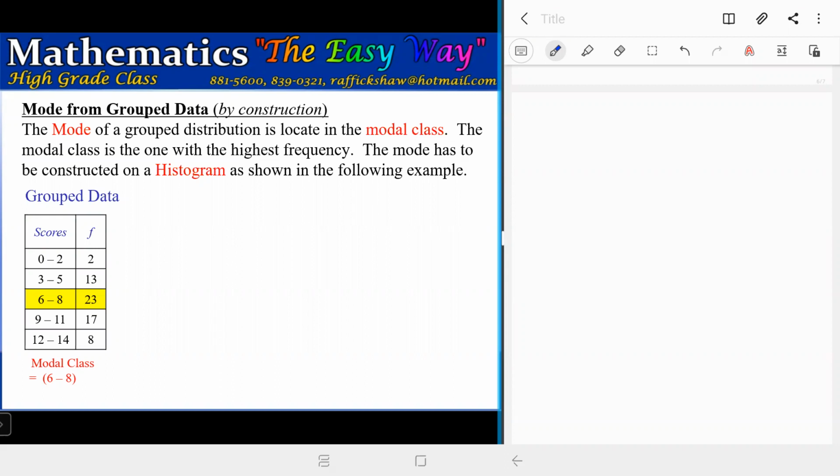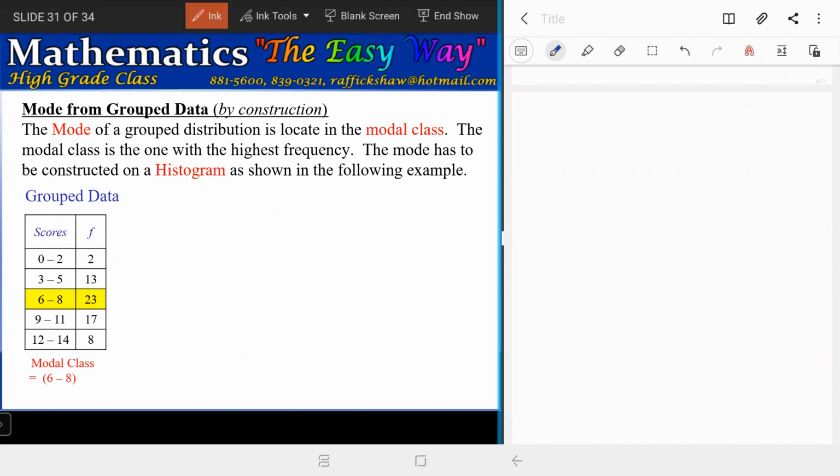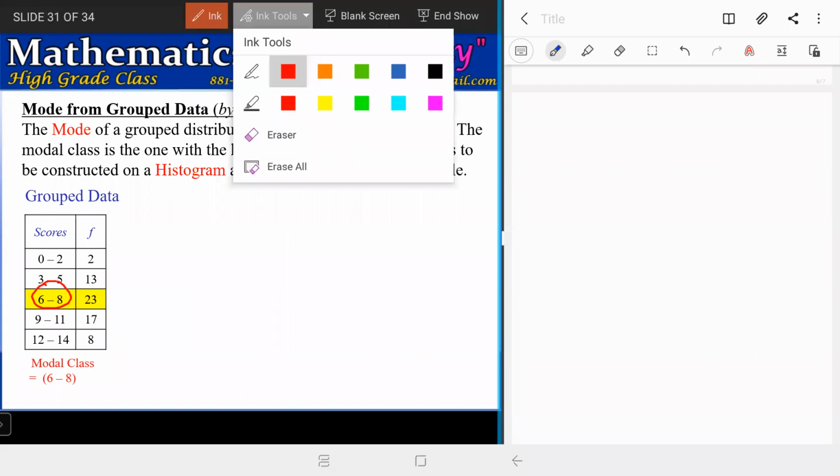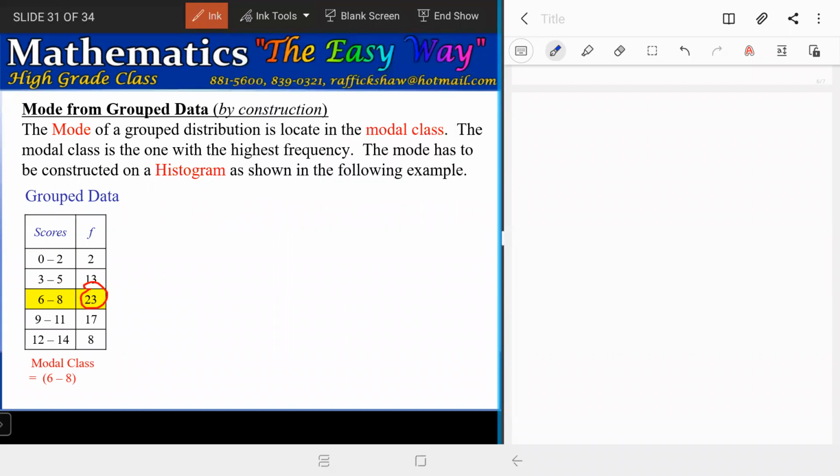So look at this data now, guys. The modal class is 6 to 8, but the frequency is 23. Now, right across from 23, you have 17 down here, that is between 9 and 11, and you have 13 up there, that is between 3 and 5. What value would the mode tend towards? Would it tend towards being closer to this group or closer to that group?